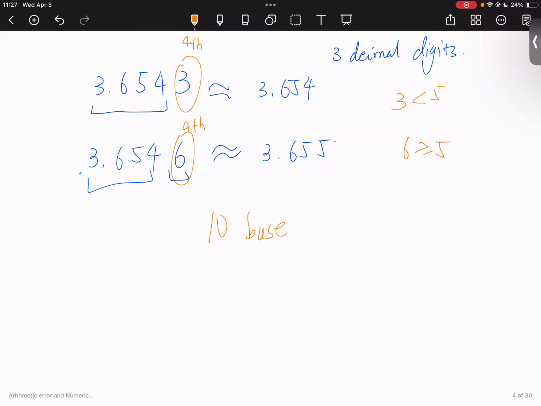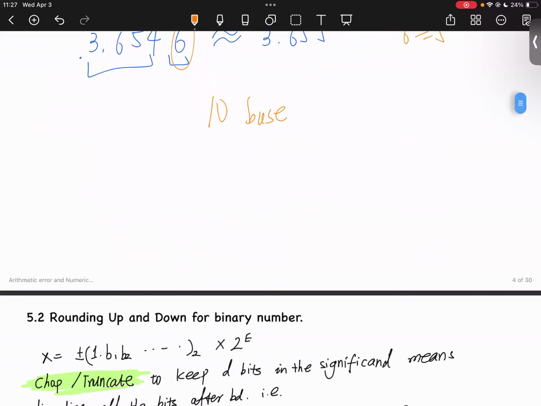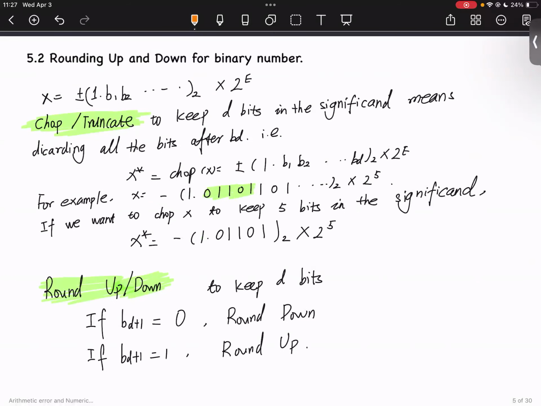This is something you already know, and we are going to go to the binary one. To chop the binary numbers, we can just do the chopping. If we want to keep D bits in the significand, then after the D bits we discard all the other digits. For example, we have a lot of digits here, but we only keep the D bits, b1, b2, up to bD.